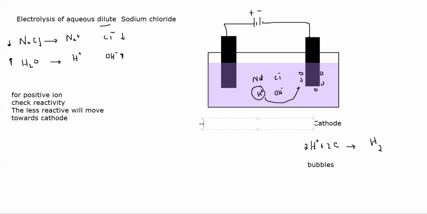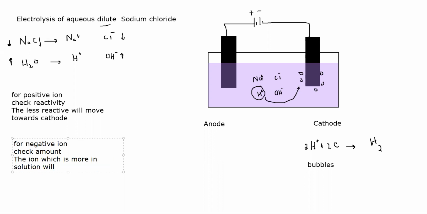But for the reaction at the anode, for the negative ion, we check the amount. The ion which is more in the solution will move towards the anode.